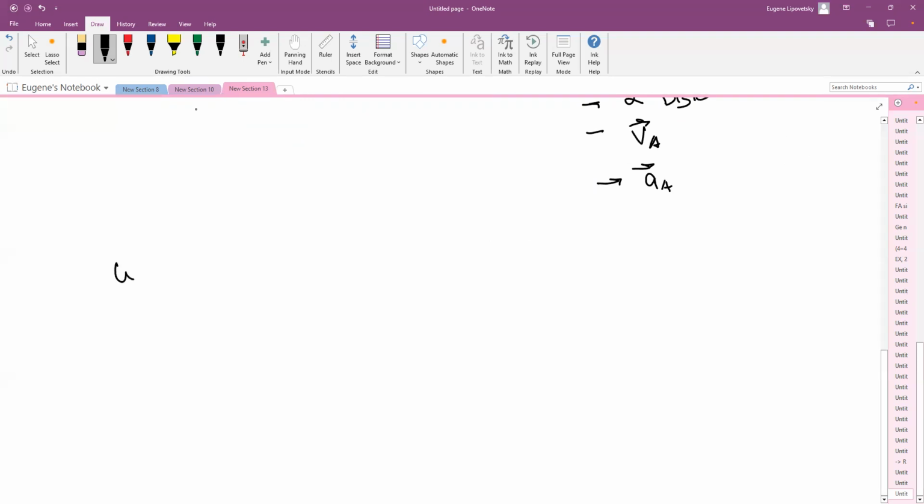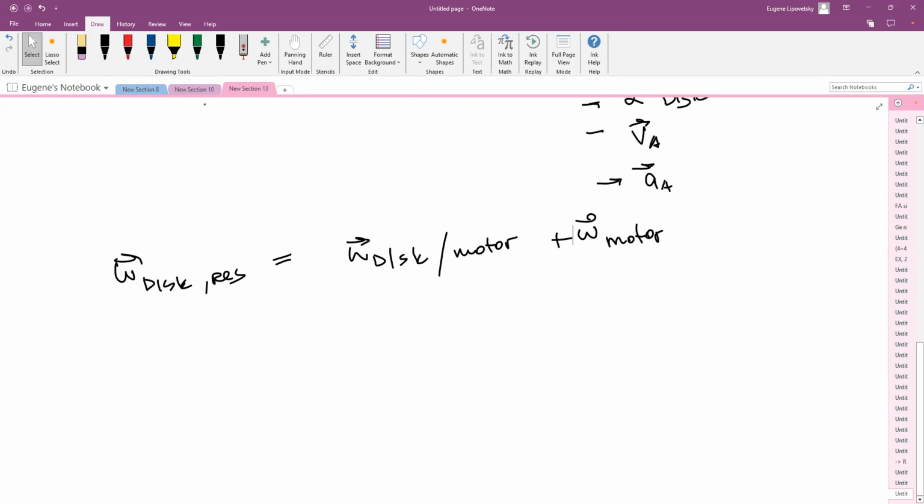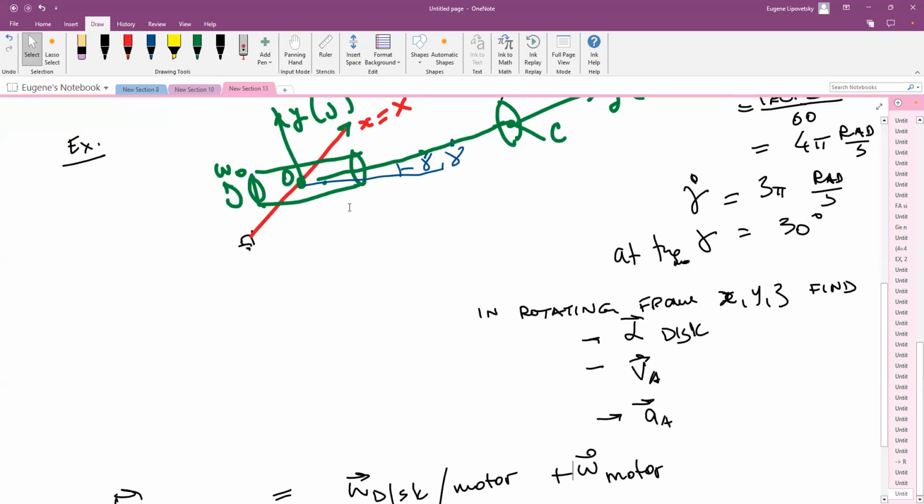Okay. Omega disk resultant equals omega disk relative to the motor, the motor is the one that's rotating, plus the omega of the motor. This is the motor. The cylinder is the motor.